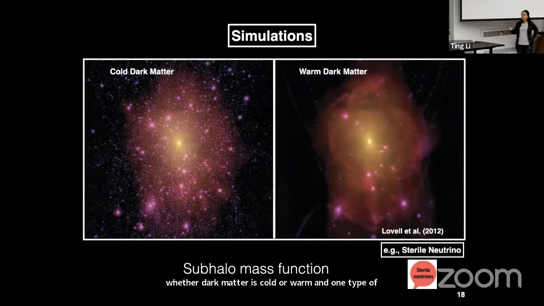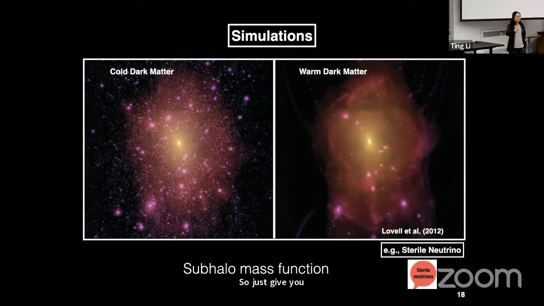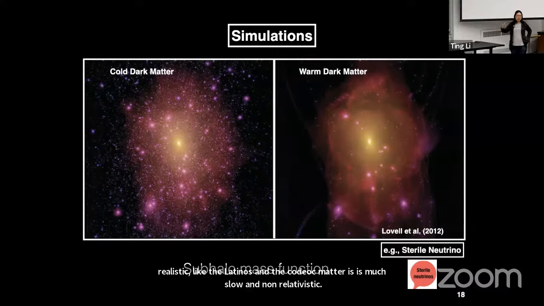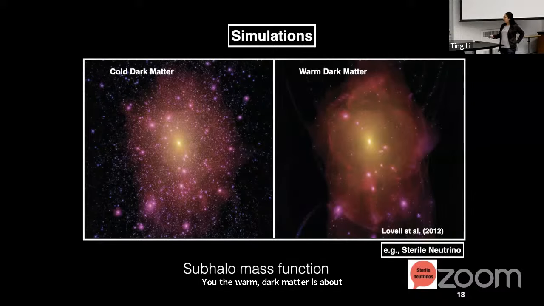So just to give you an idea, cold, warm, hot is really talking about the mass of the dark matter, or how fast the dark matter is moving. Hot means it's moving very fast, it's relativistic, like neutrinos. And cold dark matter is much slower and non-relativistic. And warm dark matter is at about the keV level. That's a very popular candidate, like the sterile neutrino.